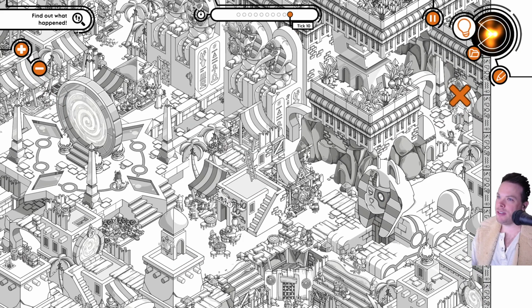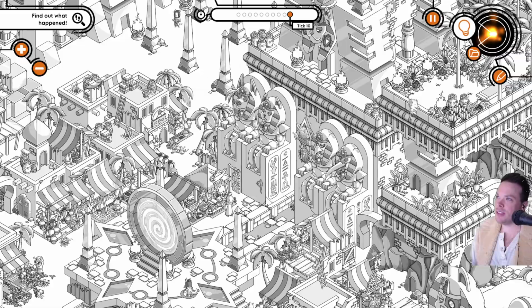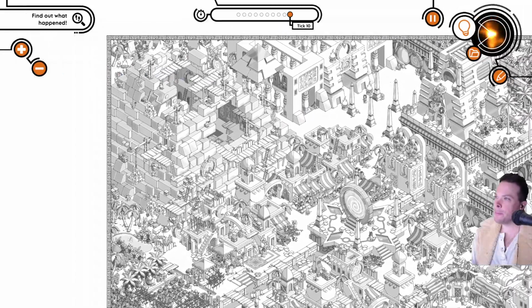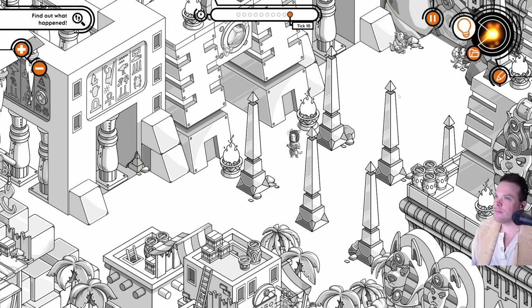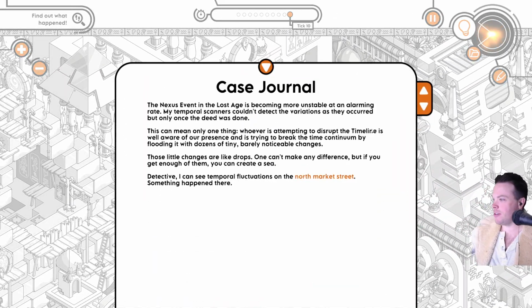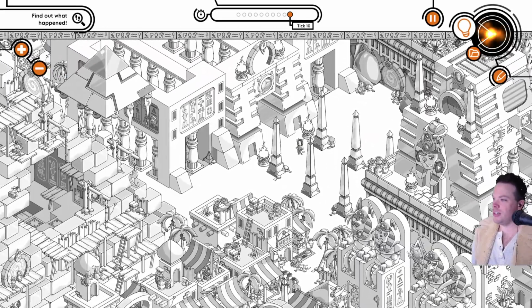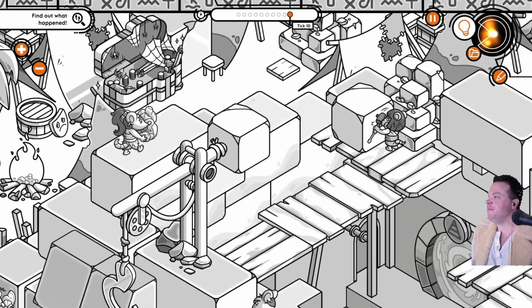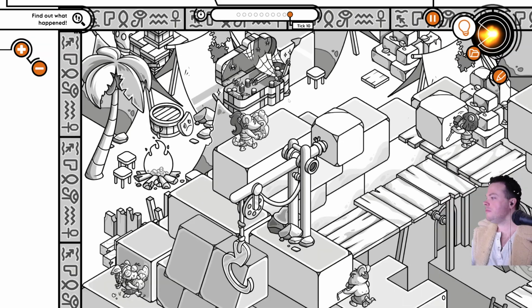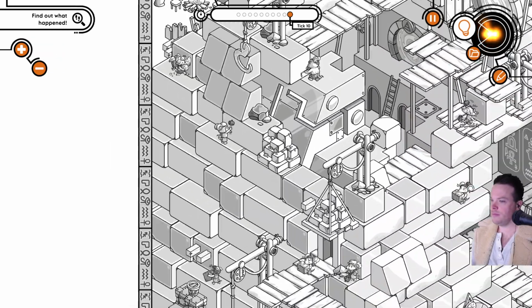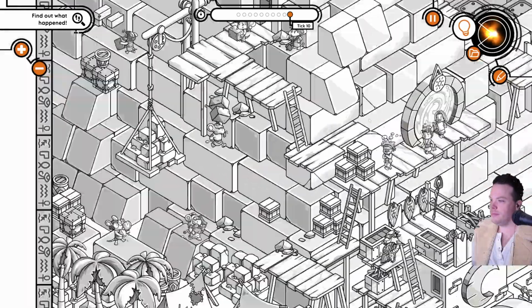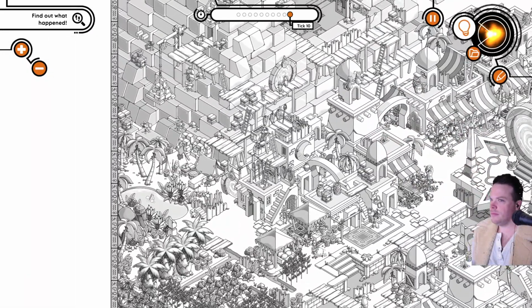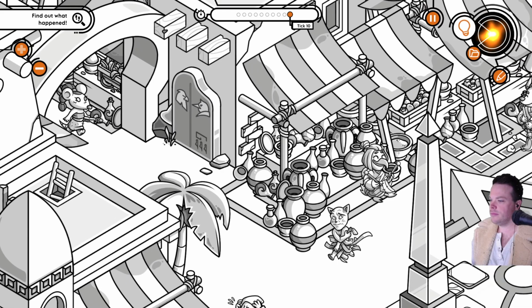Another bloody teleporter. Isn't it either? You did say Market Street, right? On the North Market Street. There's someone losing all their clothes.